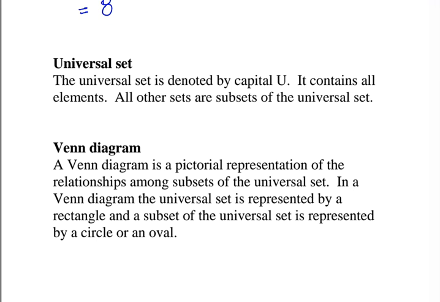The Venn diagram. Now, a Venn diagram is a pictorial representation of the relationship among subsets of the universal set. In a Venn diagram, the universal set is represented by a rectangle, and a subset of the universal set is represented by a circle or an oval.